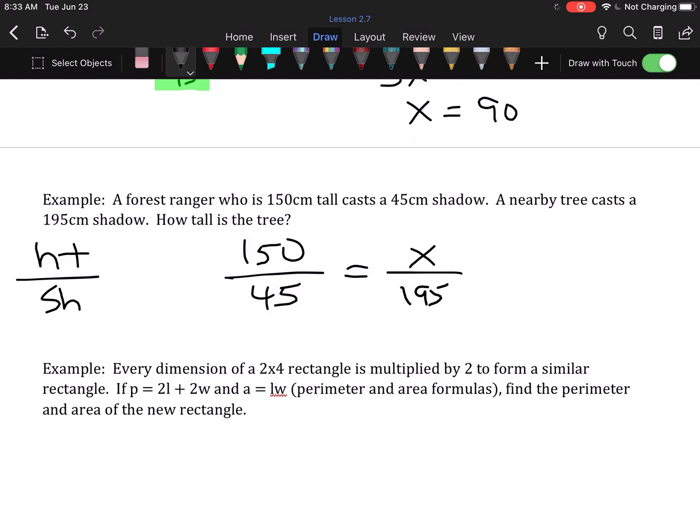This is fine. Cross multiply and divide. 45 times x is 45x. 150 times 195 is a job for my calculator. That's 29,250. And dividing that by 45 is also a job for my calculator. The answer is 650. We're just setting up proportions, cross-multiplying and dividing.